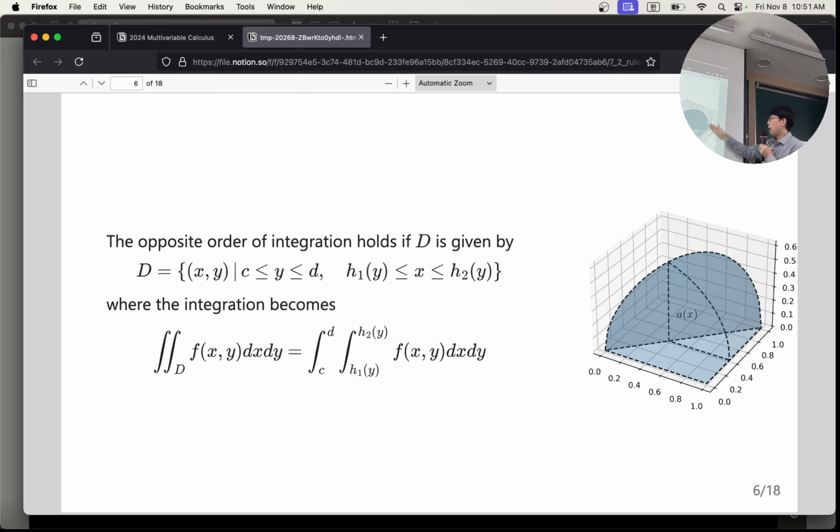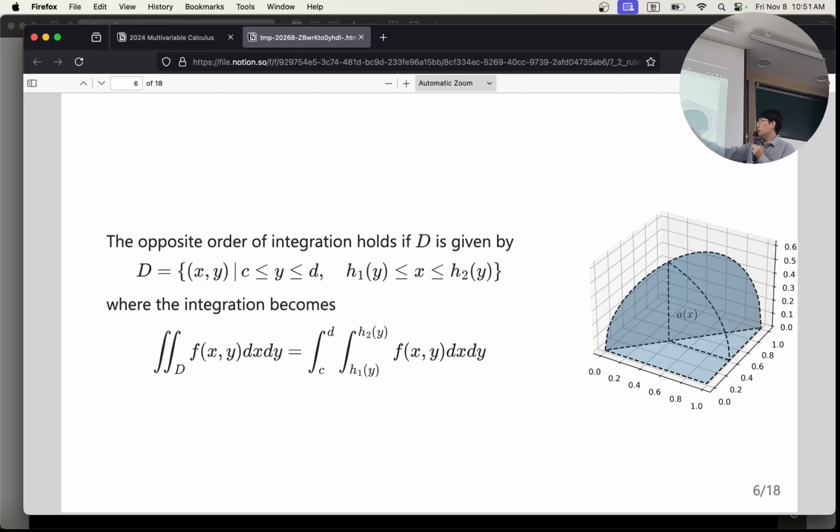You're changing your y, say from c to d, and at each y you get a range of x bounded by the graph of two functions. The lower limit is h1, and the upper limit is h2.